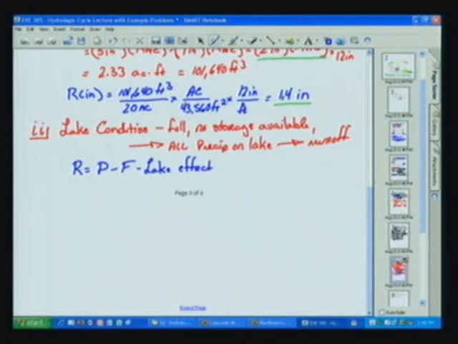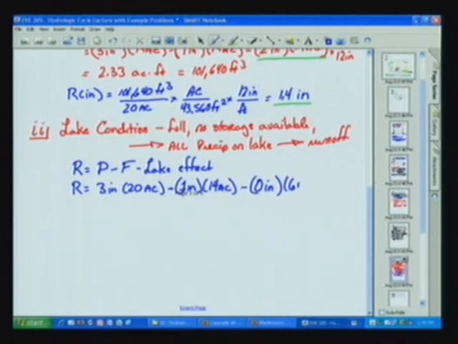So the runoff is our 3 inches on the 20 acres, okay, minus the 1 inch of infiltration on the 14 acres. And then we have no reduction in runoff associated with the 6 acres of our lake.